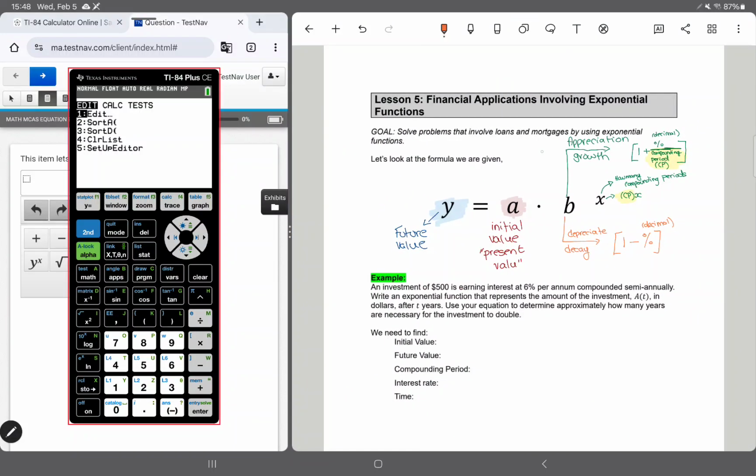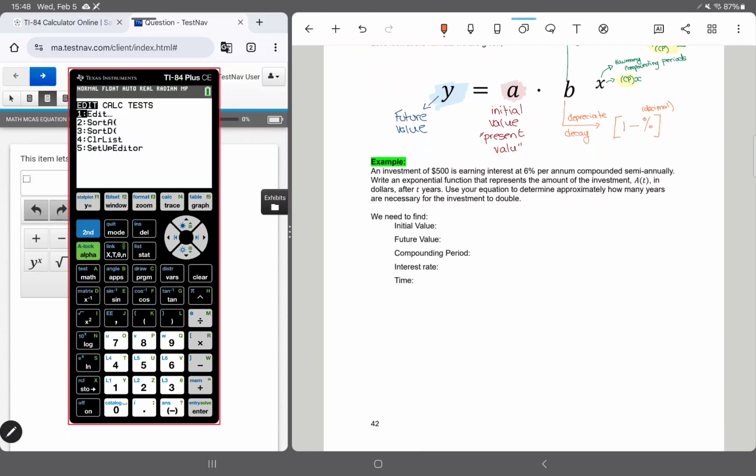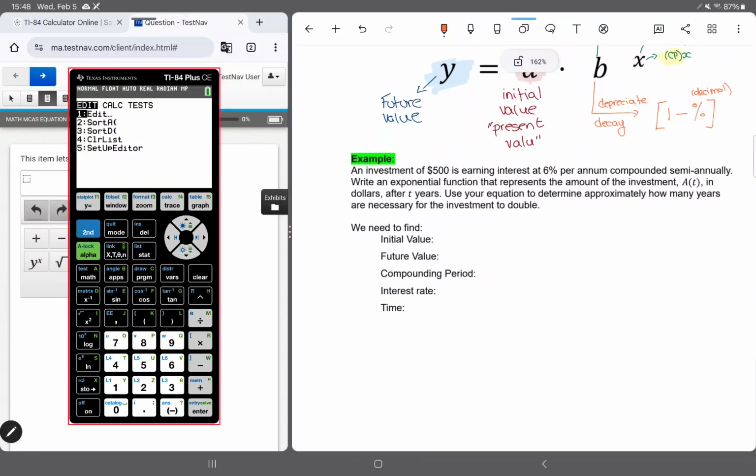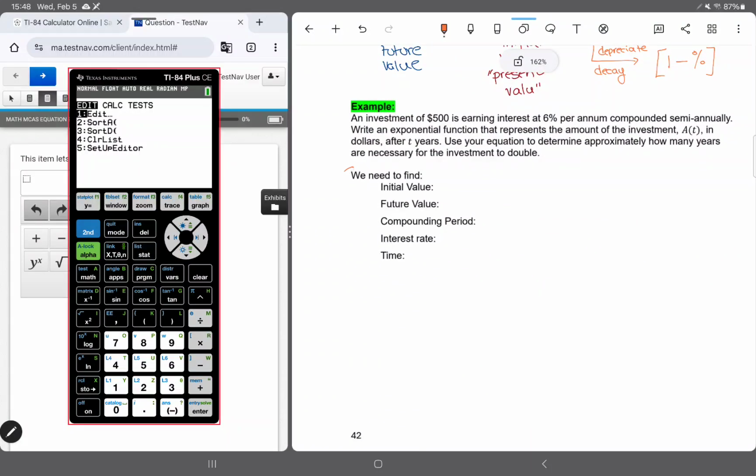We're going to focus first on the tricky appreciation. So we have an example here, and I kind of gave you a little cheat sheet of the information that we need to look for. So I'm just going to highlight as we go. An investment of $500 is earning an interest at 6% per annum, compounded semi-annually.